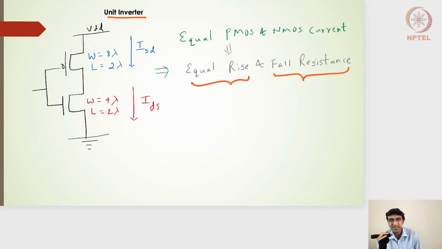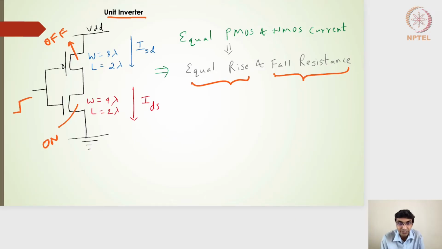So if I want the equal rising and falling resistance, what it means is if I have a step input here at the input side, I know that the NMOS transistor will be on in that case, and the PMOS will be off. So all my switching resistance, when we do the delay calculation, is only through the NMOS current. The discharging of the capacitor takes place through the NMOS transistor's current.